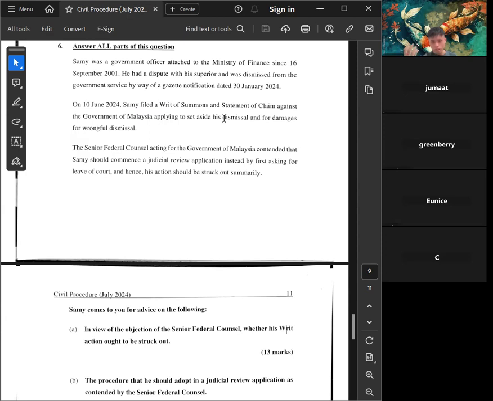Now, the reason why the examiner sets this type of question is that they are trying to frame you to show that this is the negligence of the government officer. But apparently it is not, because it is a decision made by the government body.